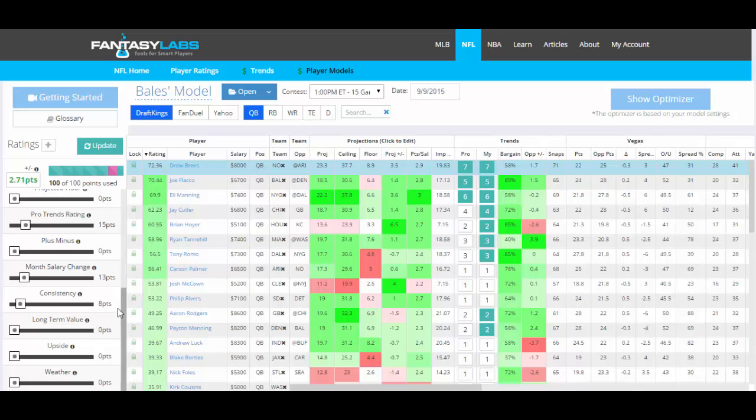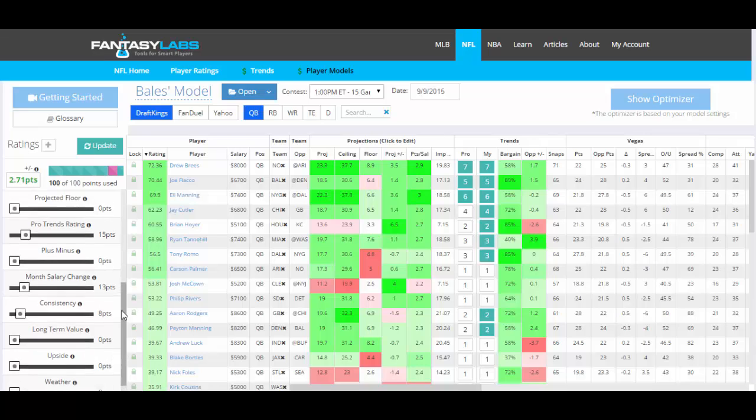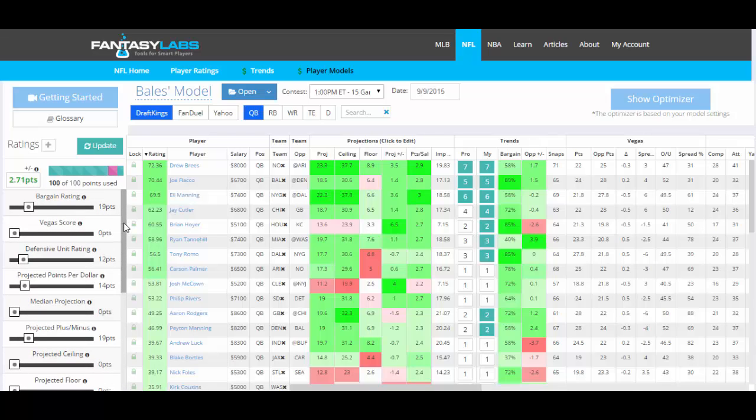Long-term value is just overall we're trying to go for player quality over strict value. So if you want better players coming up to the top of your models over maybe strict value, you might weight that more. Upside, how often a player is reaching 2x his salary-based expectation. And then weather, I actually think we're throwing out that component, so don't even worry about that.